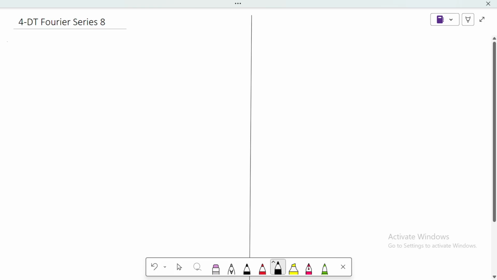We know that it is applicable for periodic signals. Whether it is continuous time or discrete, Fourier is always applicable for only periodic signals. That's what we should remember.